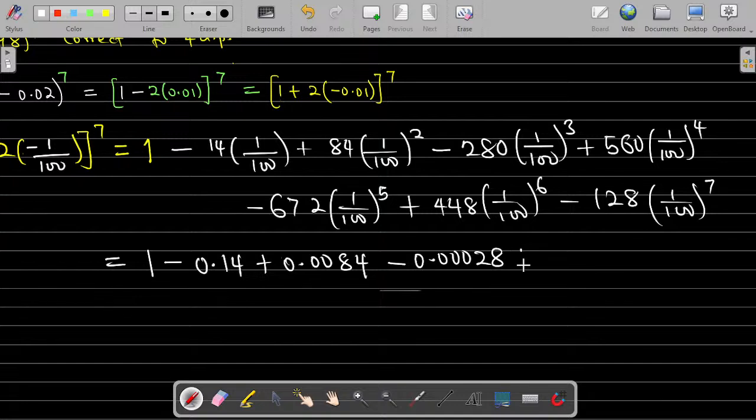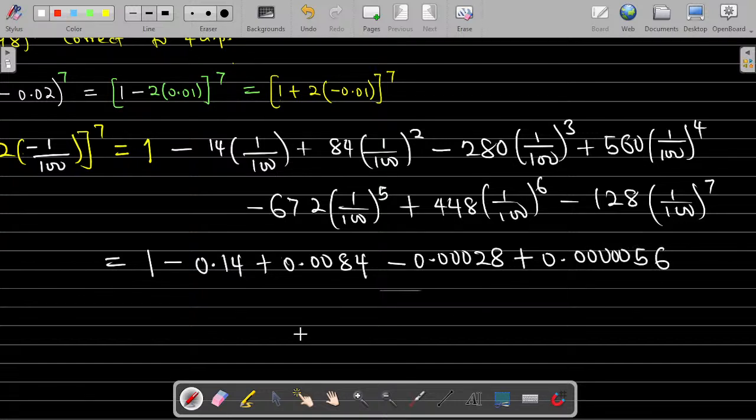Then plus the next one, to the power of 4, multiplied by 560, which gives us 0.00000056.